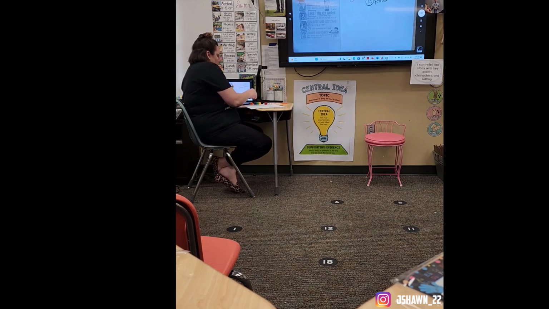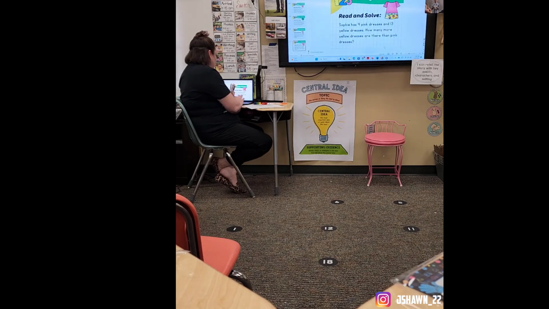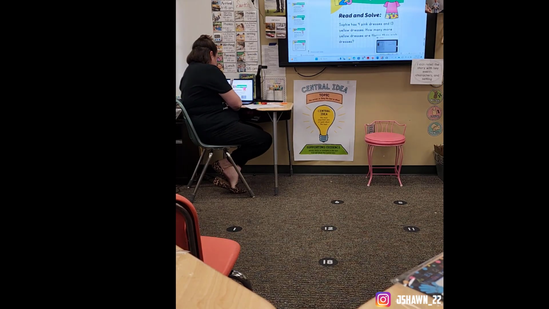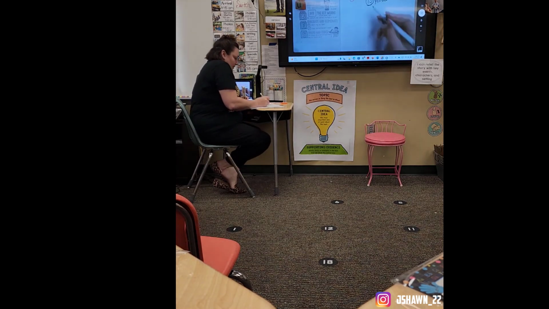Now, the U part of solving our word problems using our cubes acronym is what is the question that they're asking us? We have to underline.